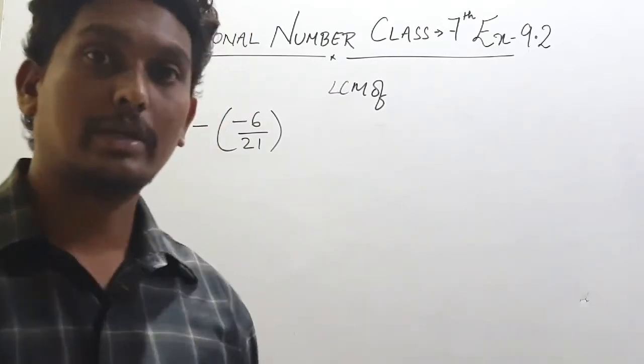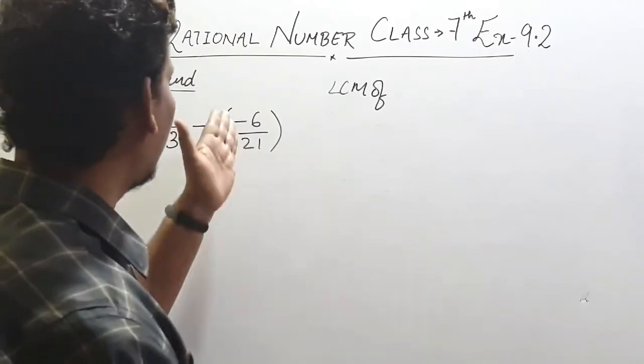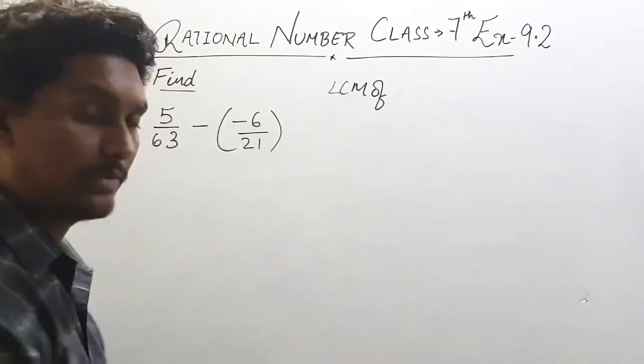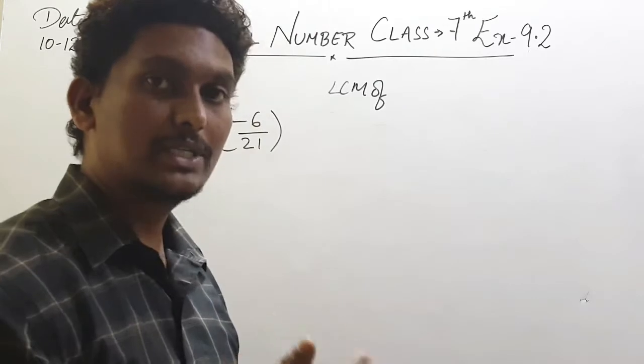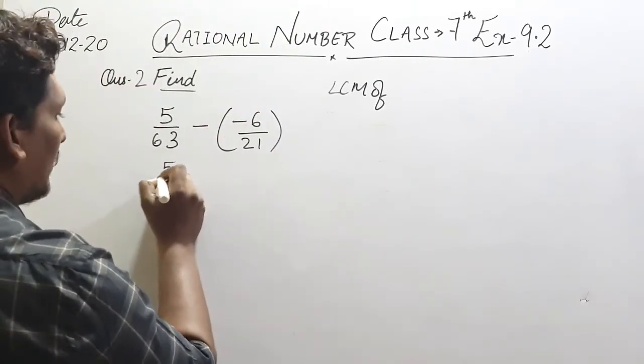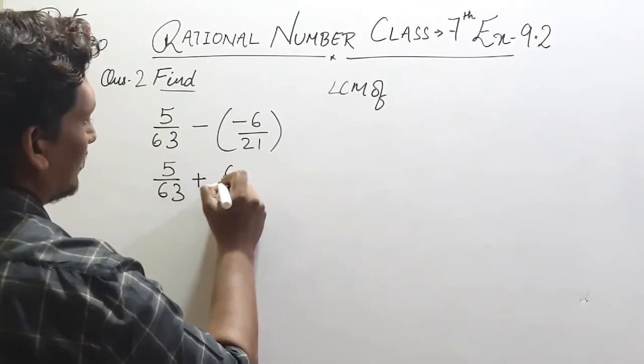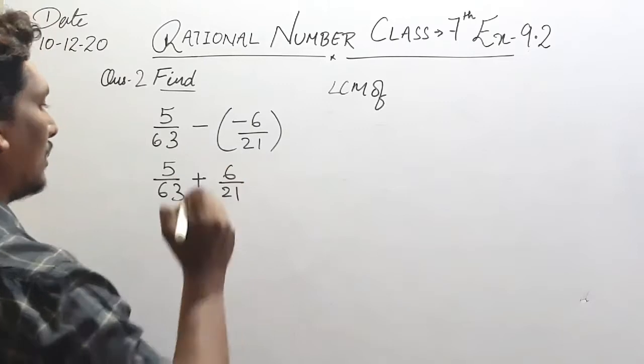Now come to the next question, that is 5 by 63 minus 6 by 21. First of all we just change the sign, so this minus will become plus. So 5 by 63 plus 6 by 21.